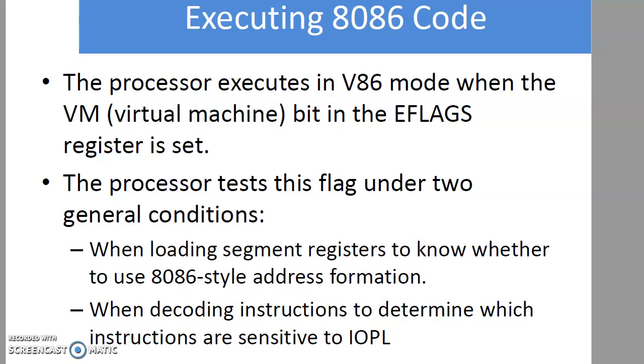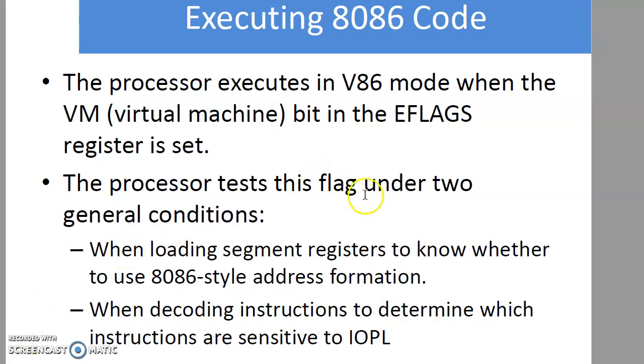So to enable the Virtual86 mode, the VM bit in the EFLAGS register has to be set. Always remember, it can be set only in the protected mode. So you cannot switch to Virtual86 mode directly from the real mode. The 80386 has to be in the protected mode, and then by setting the VM bit you can switch to Virtual86 mode.